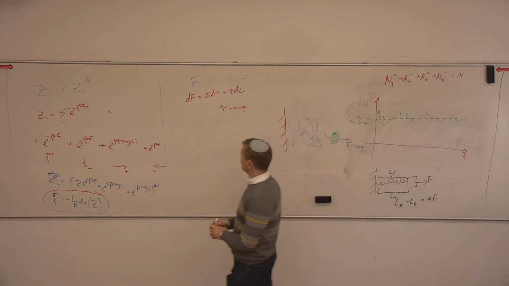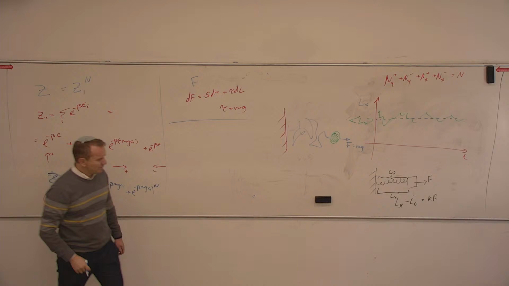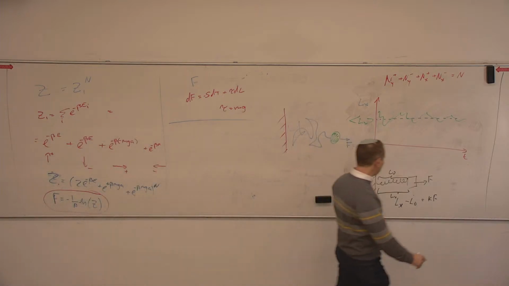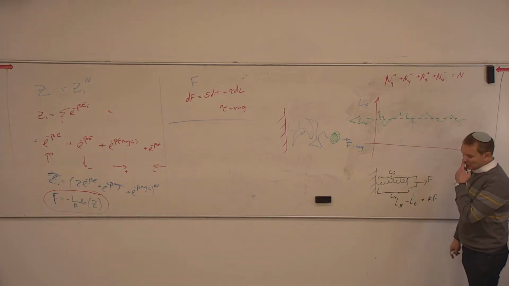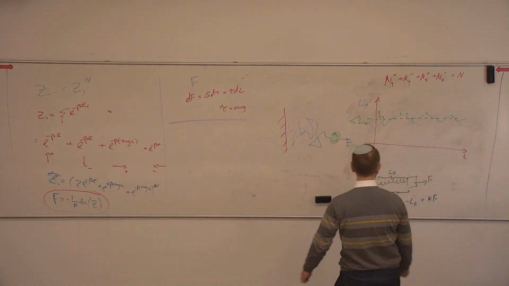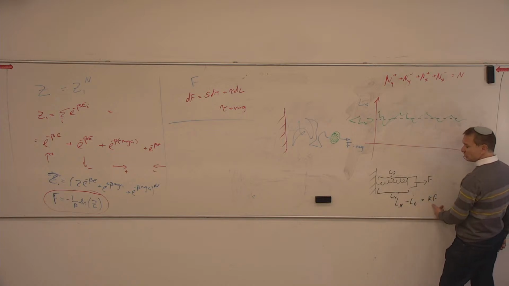So what do I mean by that? Instead of taking different derivatives, I will ask what do I actually need? What I need is the representation of my length and the connection between this length and the external force.